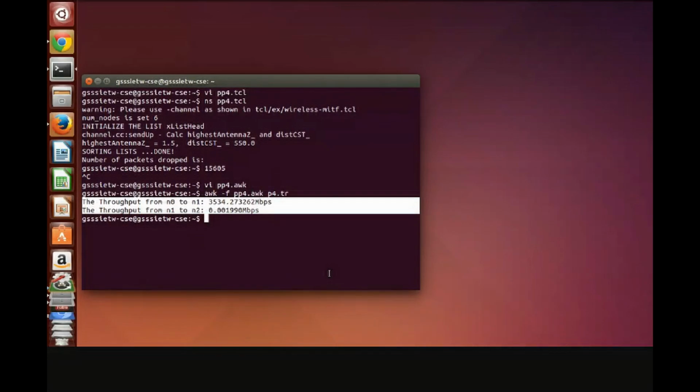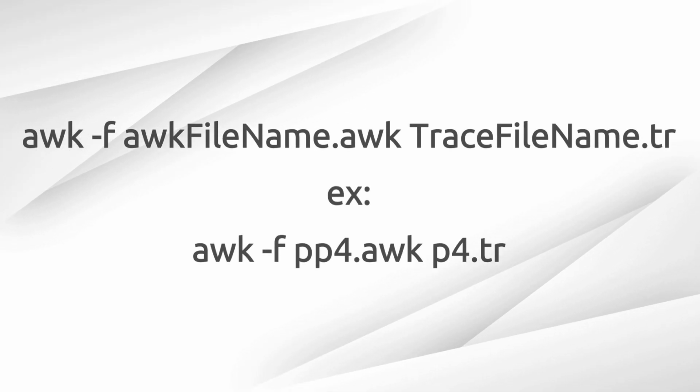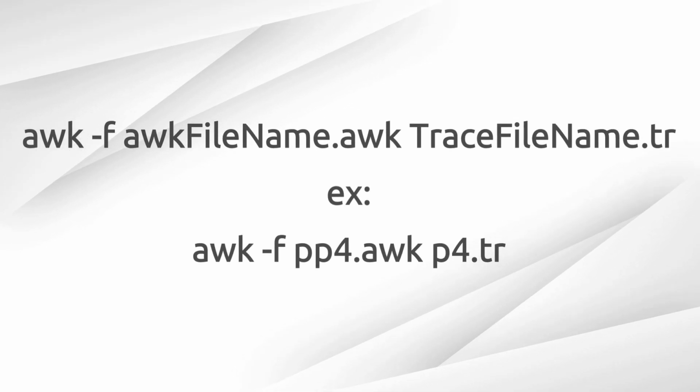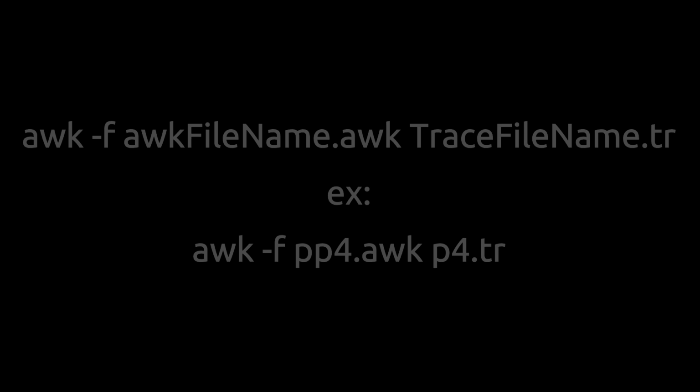That is the final output that you need to show. Just be careful with the command for running the awk file. It is awk space -f, then the awk file name, and then the trace file name. Okay, so this is all about the execution. Thank you.